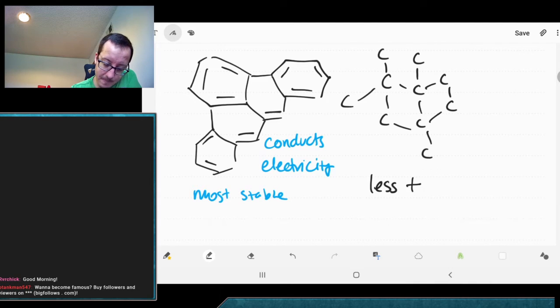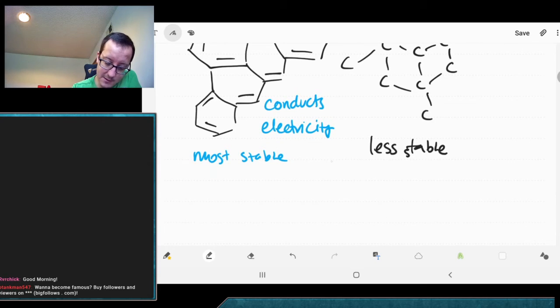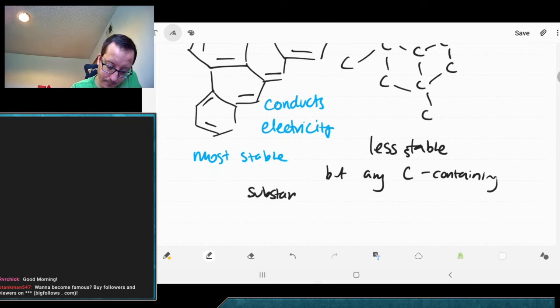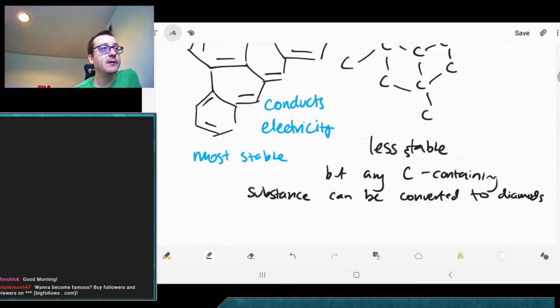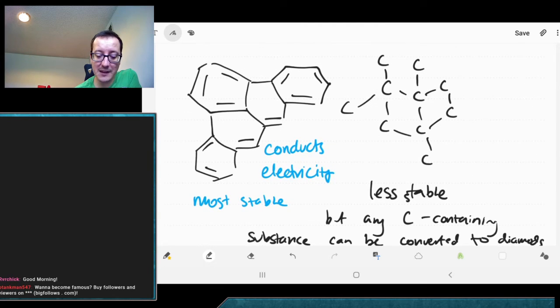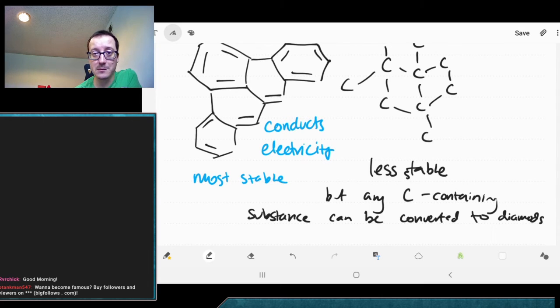This is less stable, thermodynamically speaking. So diamonds are not forever because they are not as stable as graphite, but interestingly enough, you can take any carbon-containing substance and make diamonds out of it if you give it enough pressure.